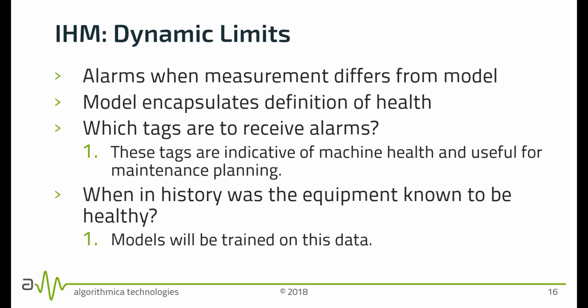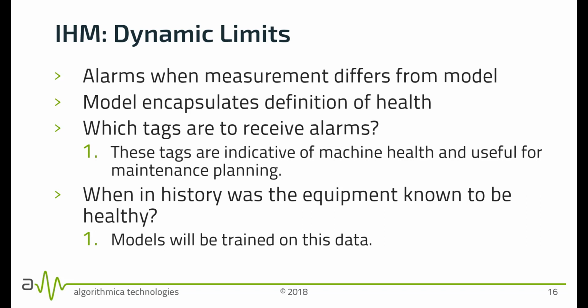And so it must be those tags that are somehow indicative of machine health and that would be useful in order to plan some kind of maintenance activity for that piece of equipment. The next question is to decide how to train these models. Because the models are supposed to encapsulate the idea of healthy behavior, we have to decide at which period in history the equipment was in fact healthy.